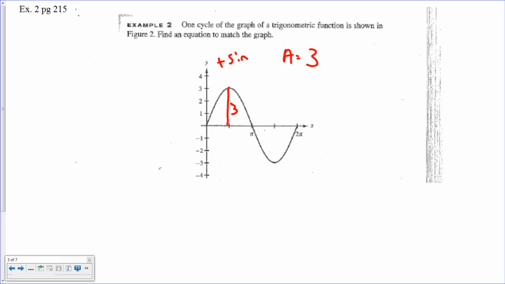That's the only difference. I don't have to figure out what my B is because it's the same as the general one. So now I can just write y equals 3 sine x. Again, period is 2 pi. That matches up. Nothing's really different except for that 3.